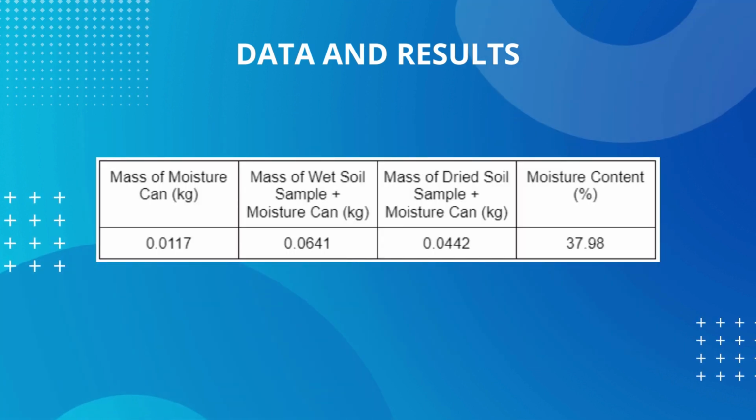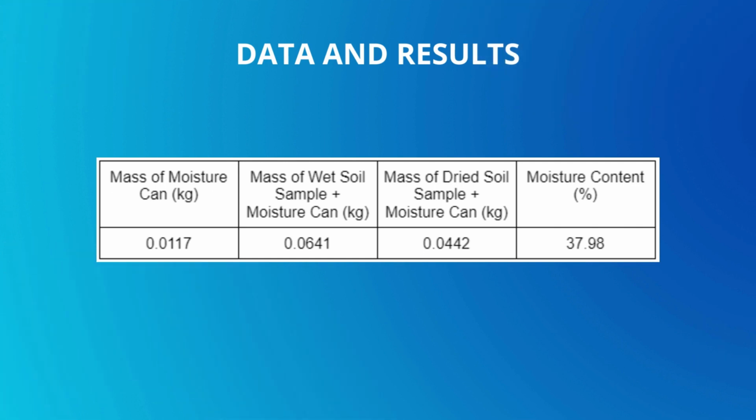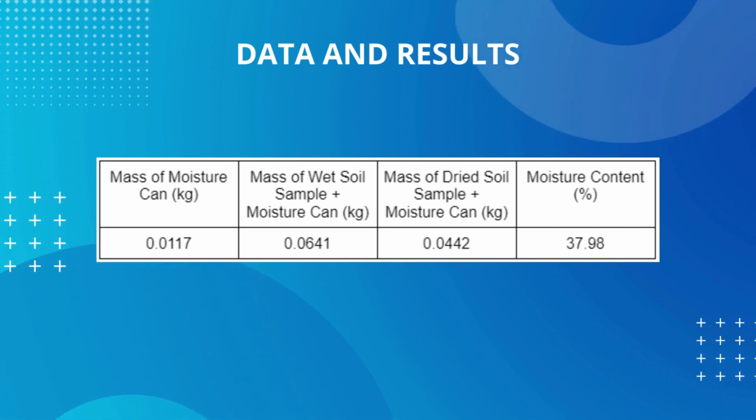The sample that we took from the last trial weighed 0.0641 kilograms, while its oven-dried mass is 0.0442 kilograms. As a verification, we used the data of the last trial to calculate the moisture content.